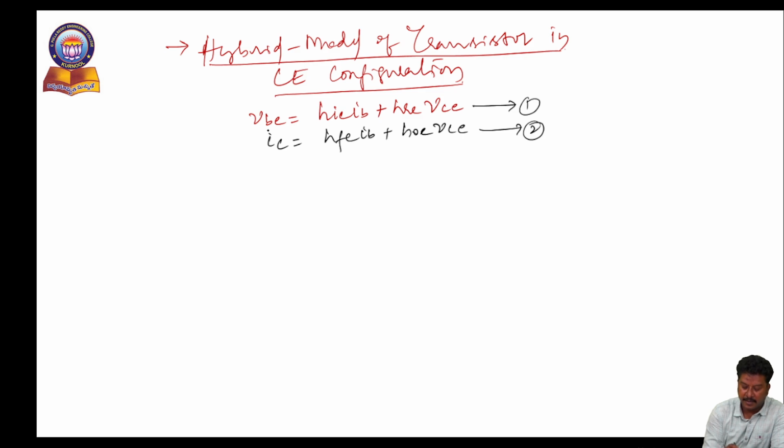If you carefully observe, I am first framing the first two parameters of the first equation. One is HIE and the other one is HRE. HIE will define the resistive behavior.